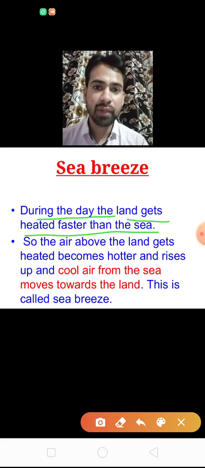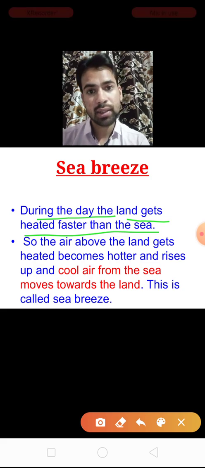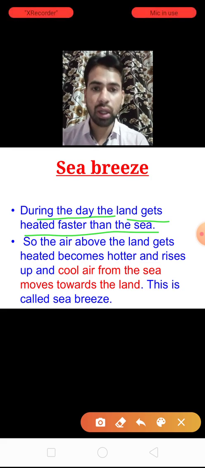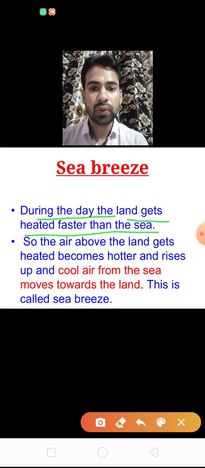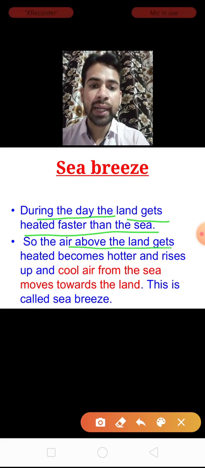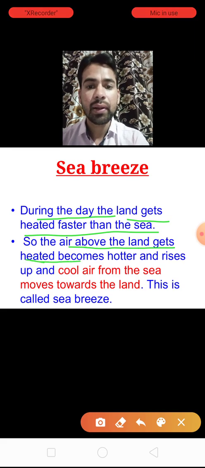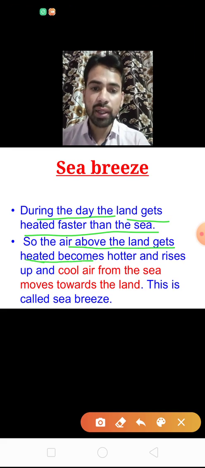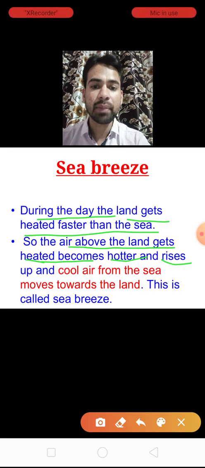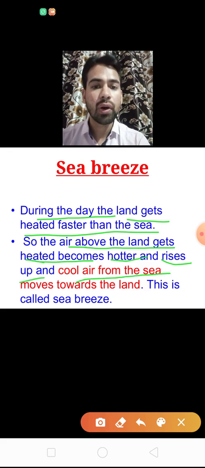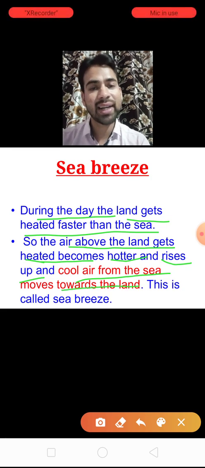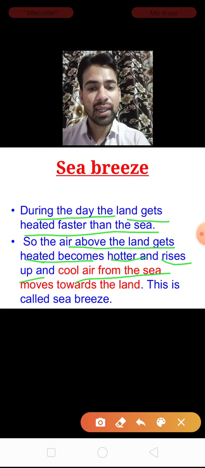The sea becomes cool, but in the day the land is hot. So the air above the land gets heated, becomes hotter, and rises up, and cool air from the sea moves towards the land. Clear?